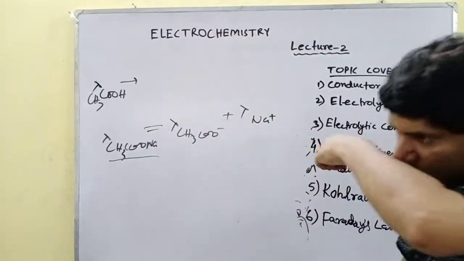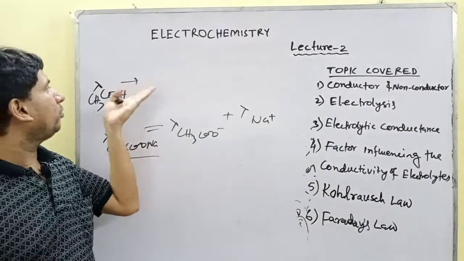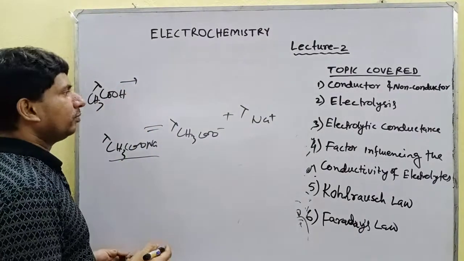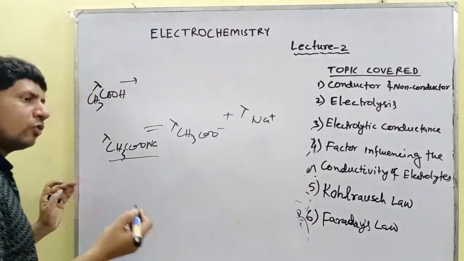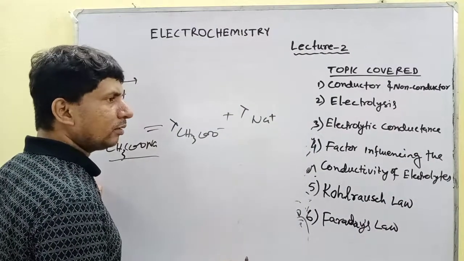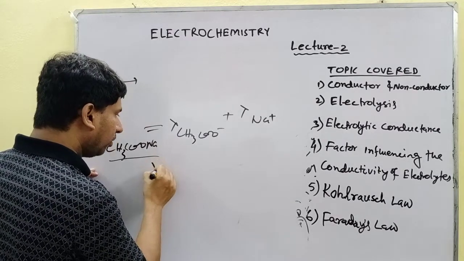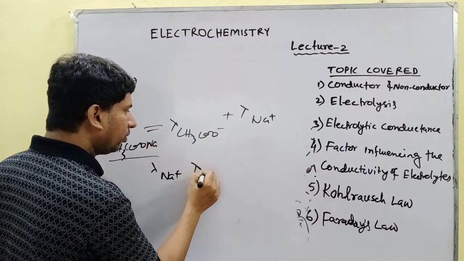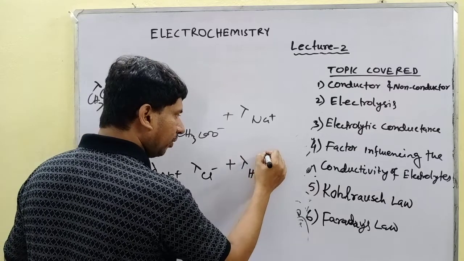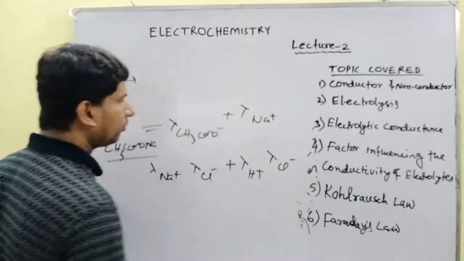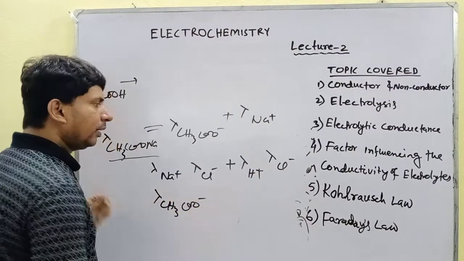Now, to convert this equation for acetic acid, we can add HCl and subtract sodium chloride: lambda of Na+, lambda of Cl-, plus lambda of H+, lambda of Cl-, and lambda of acetate.